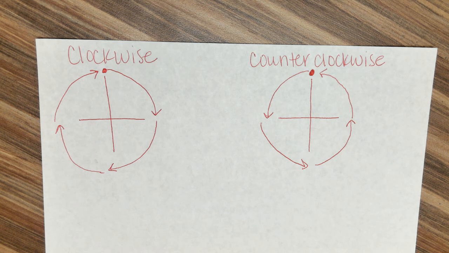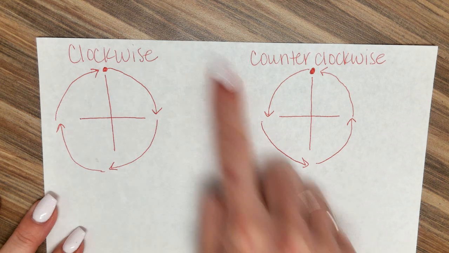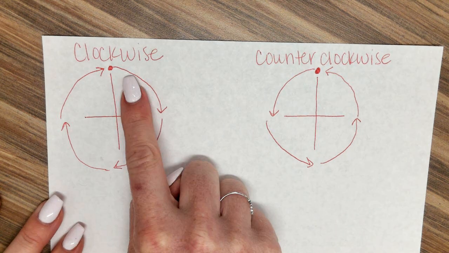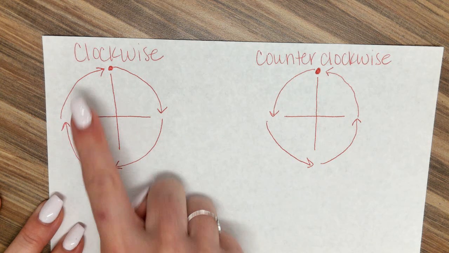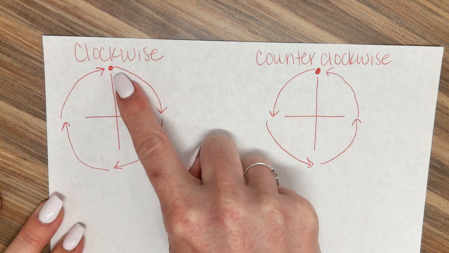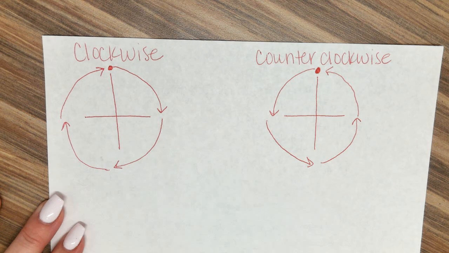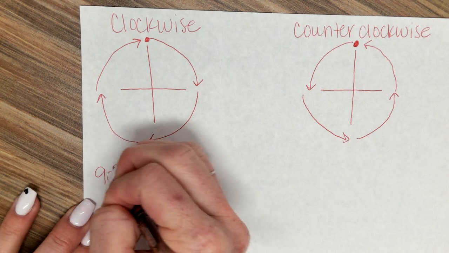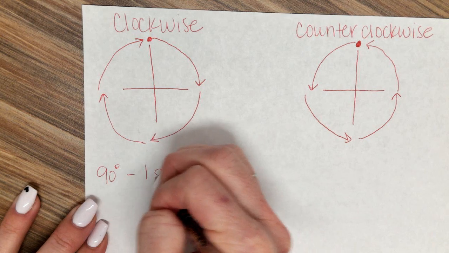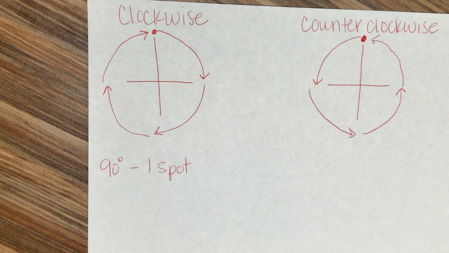Are we okay? Now, when we rotate a shape on a coordinate plane, it'll either go from here to here, here to here, here to here. This is called one spot. If I jump from this quadrant to this quadrant, that is called a 90-degree turn. It moves it one spot. Write that down.